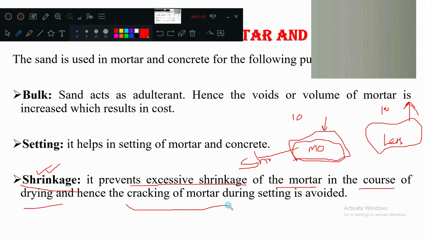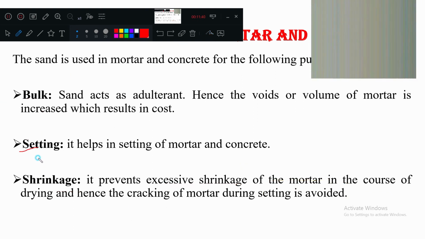Hence cracking of mortar is avoided. If the volume is reduced, obviously cracks are going to come. So the first function is bulk, the second is setting, the third is reducing shrinkage. It provides bulkage, it helps setting, it avoids shrinkage.